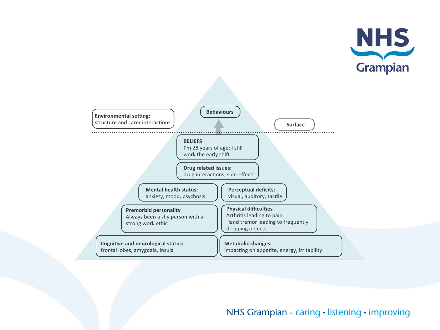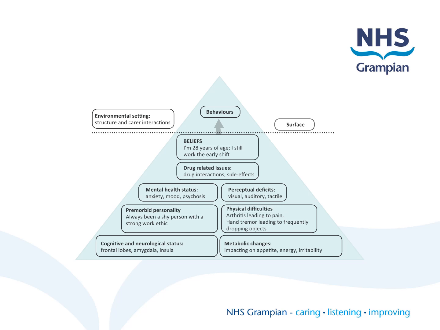So again, I think it would make perfect sense for him to be quite agitated and quite upset. So Robert, believing that he's 28 years old, working the early shift, this very much links to his need to get up early, to leave the ward, and to get to work. He's therefore anxious about being late when he discovers the doors are locked.